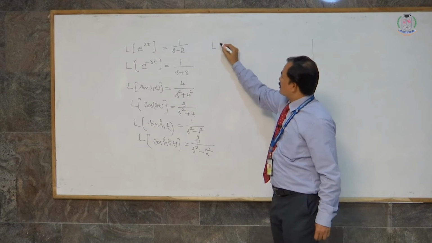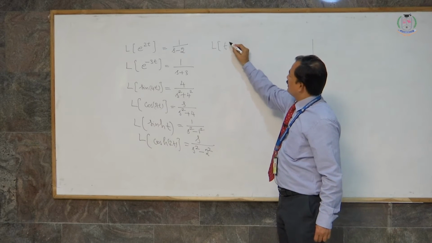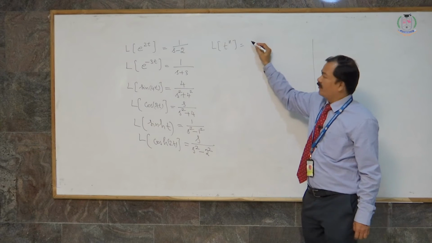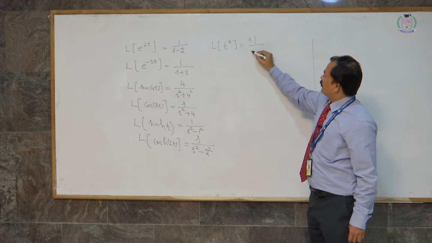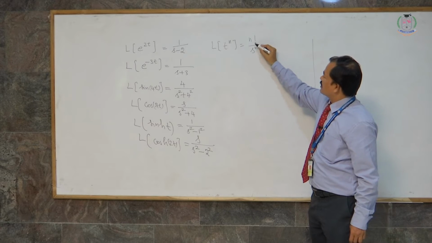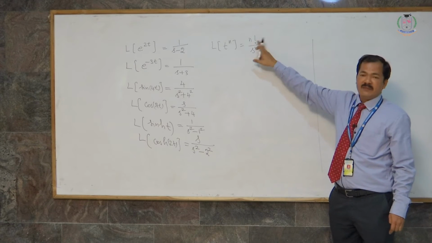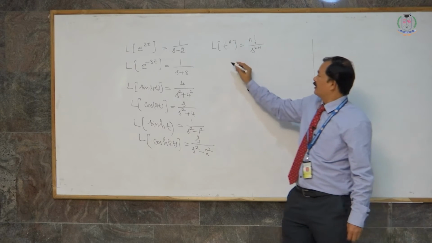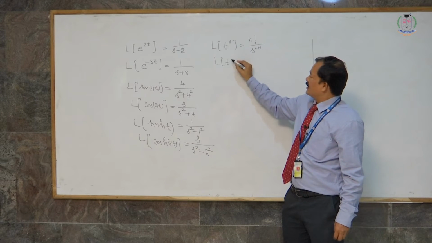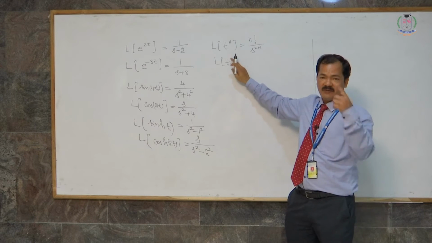Now, Laplace transform of t power n we know. Laplace transform of t power n is equal to n factorial upon s to the power n plus 1. I said when n is a positive integer, then this holds. Laplace transform of, let us say, t. What is the power here? The power is 1.